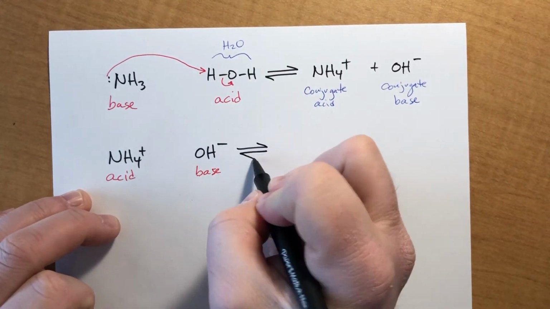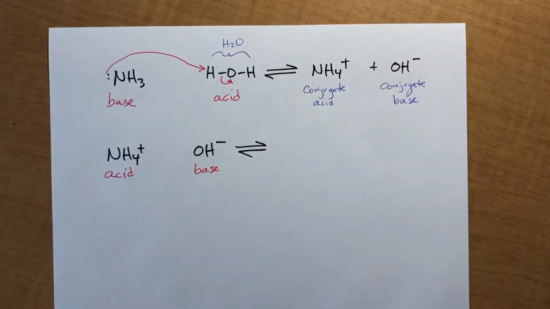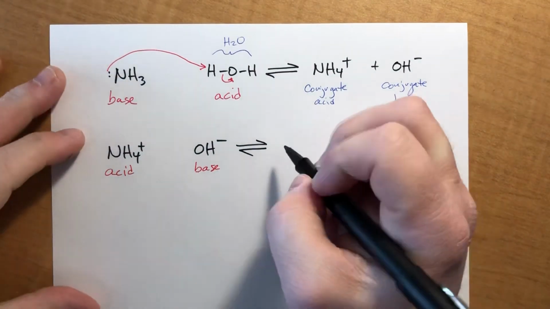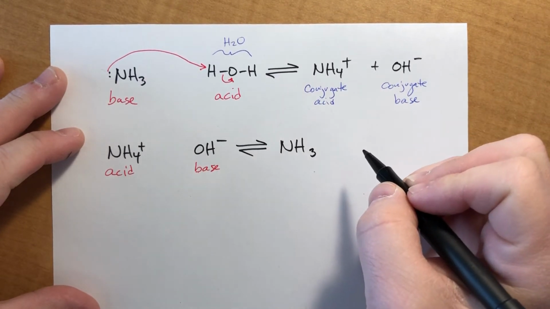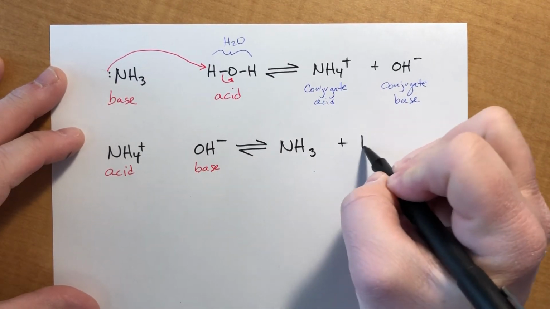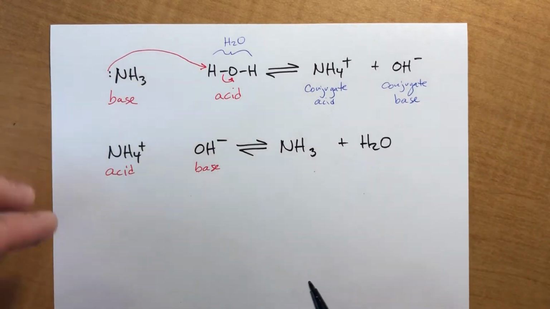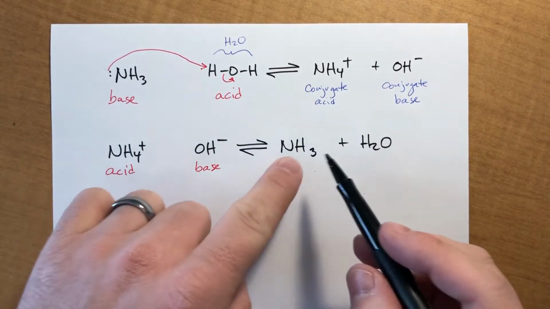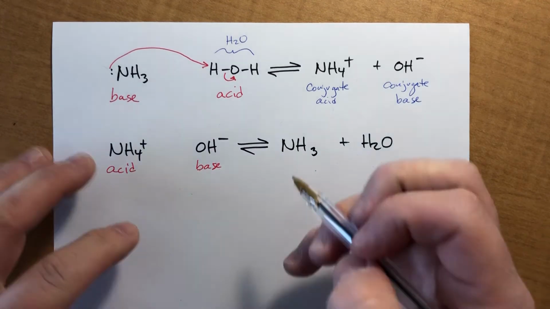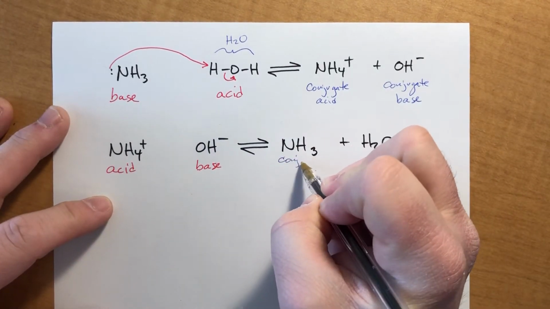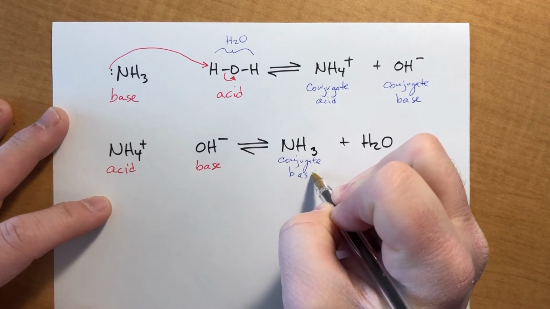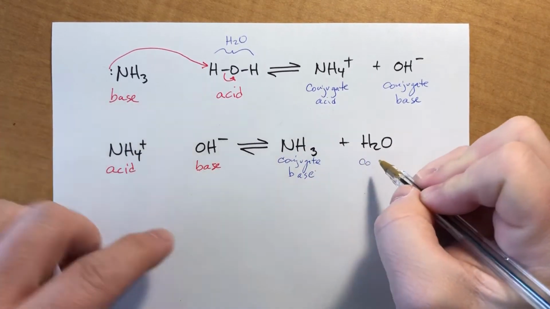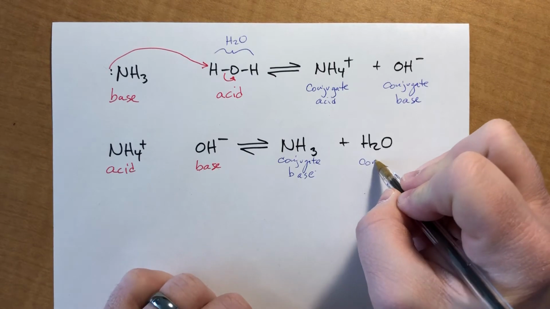And this will still be reversible because honestly all we did was reverse the first equation, and you get NH3 in water. Okay, but what happened is the acid lost a proton, so now this is the conjugate base. This was a base and it gained a proton, so now it's the conjugate acid.